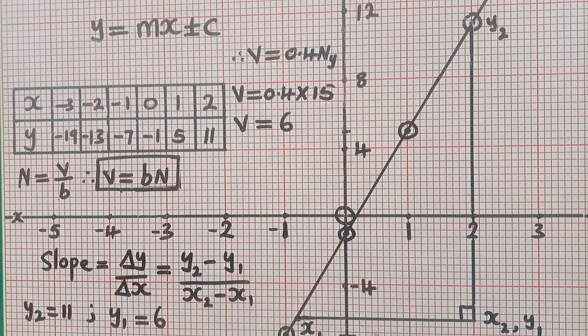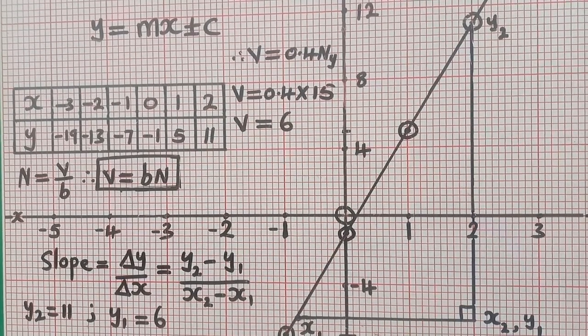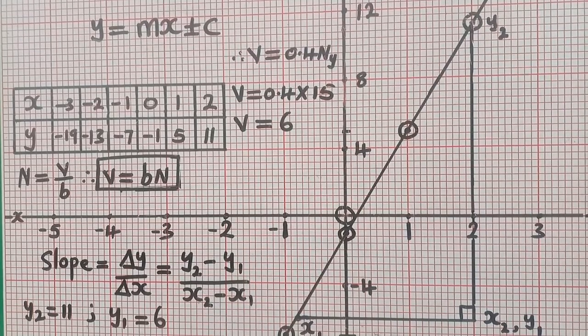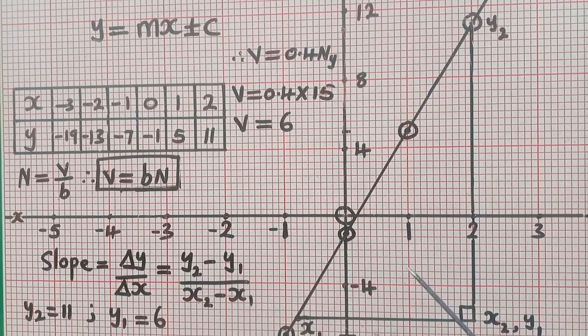Let us turn attention to x. Now, let's turn attention to x2. What is the value of x2? From here to here means that this end corresponds to x here, and this end corresponds to x here. Whatever is here is called x2, and whatever is here is called x1.